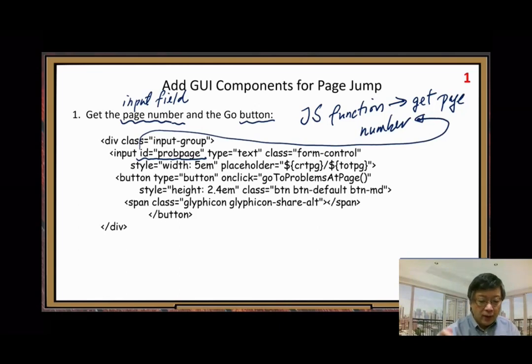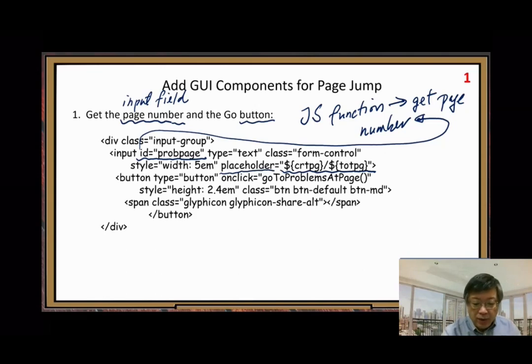All right. Then there is another little piece I like to emphasize. You can see we put the information, the current page info and the total page info here in this placeholder attribute. So that is a little feature pretty convenient for our user.